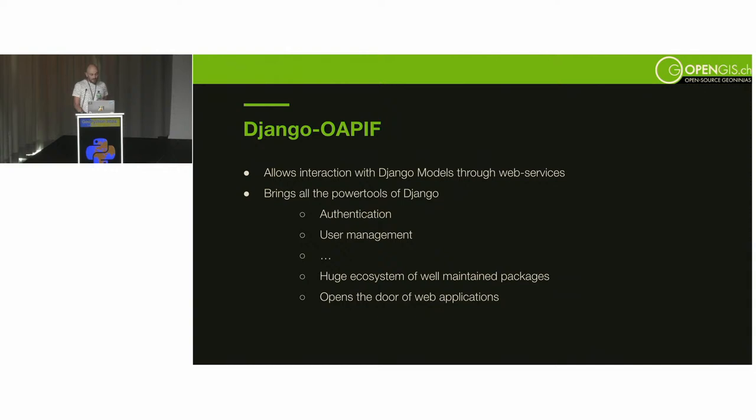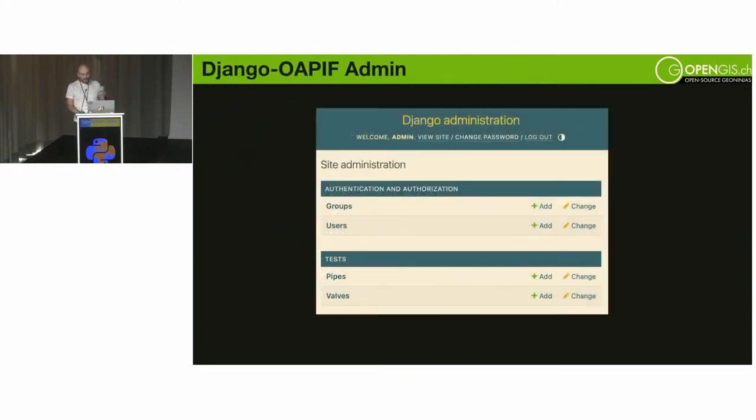So, so what? Django OAPIF allows interaction with the Django models through web services. It brings all the power tools from Django, authentication, user management, and so on. So it's a huge ecosystem of well-maintained packages, and as a side effect, it also opens the door for any web application. And for instance, here is the Django admin module that comes for free.